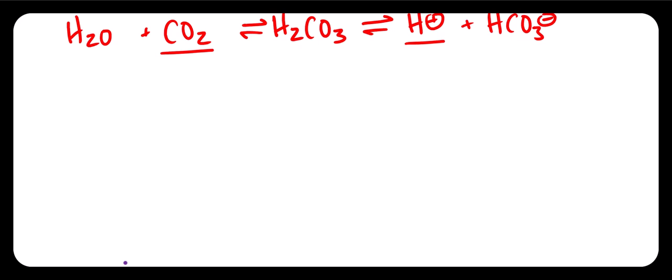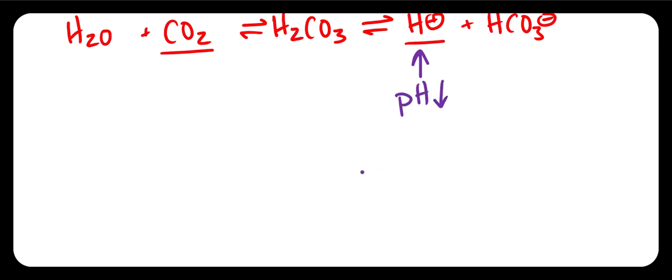So what am I really doing as I'm taking aspirin? What am I really eating? I'm eating salicylic acid. So I'm eating acid. I'm driving my hydrogen ion concentration up. Hydrogen ion concentration is going up, pH is going down.